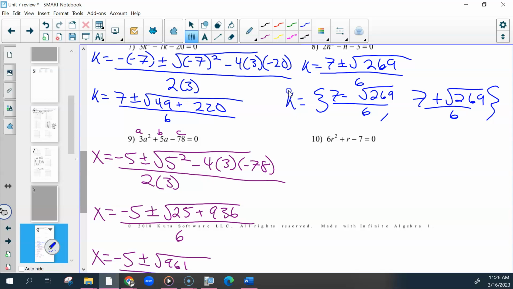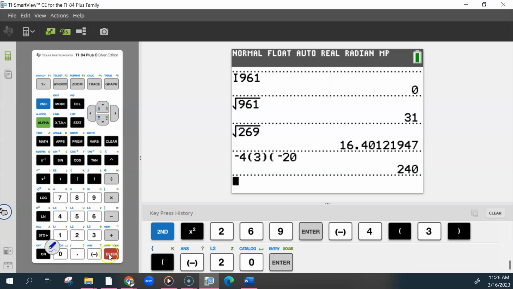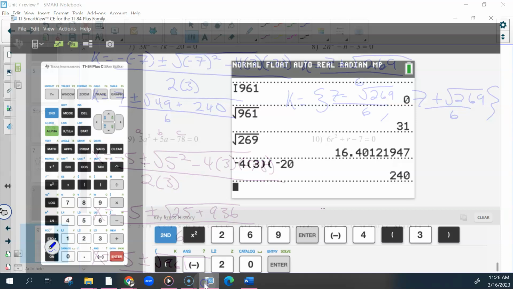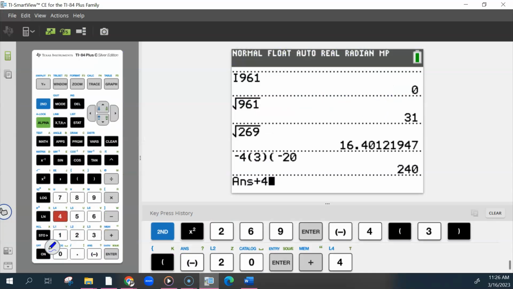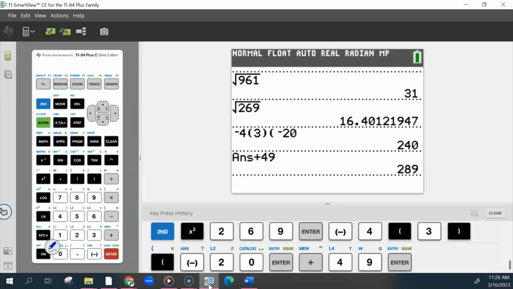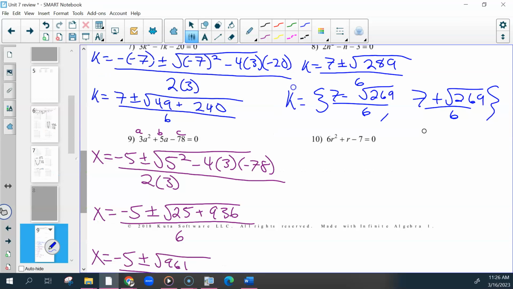Do we have any general questions? Yes. Multiply negative 4 times 3 and negative 1. Should be 240. Plus what you got. That may change things, and may not. So erases.